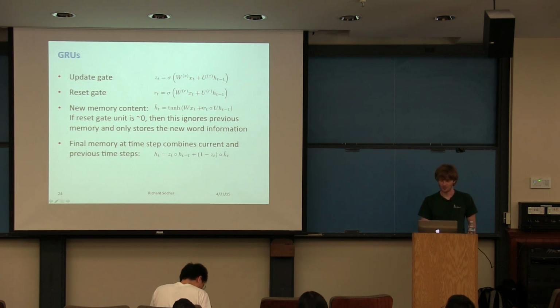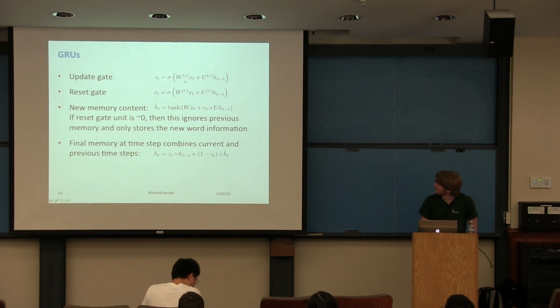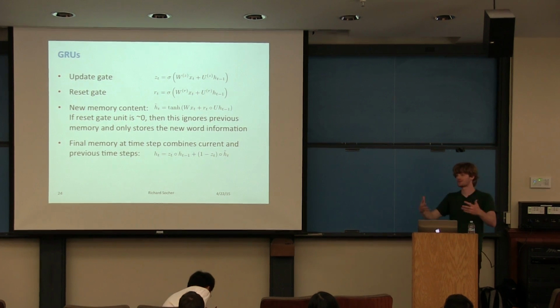Basically here, without this R, HT would be exactly the same as these two in terms of how it's computed. Just, again, the word vector is one input, and the previous hidden state is another one. But now the reset gate allows you to potentially ignore the previous memory entirely and only store information that comes from the word vector.